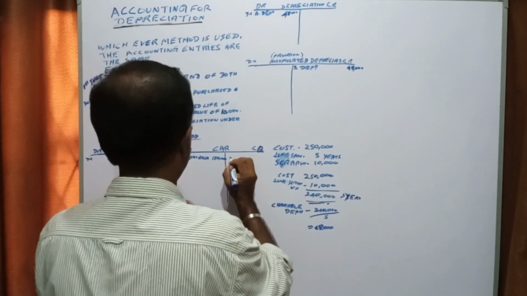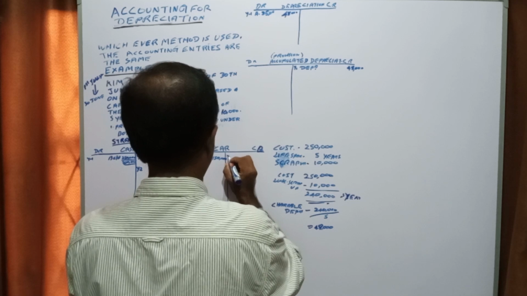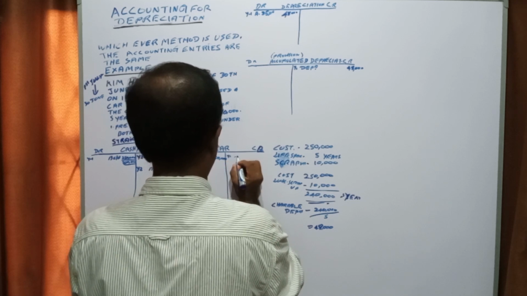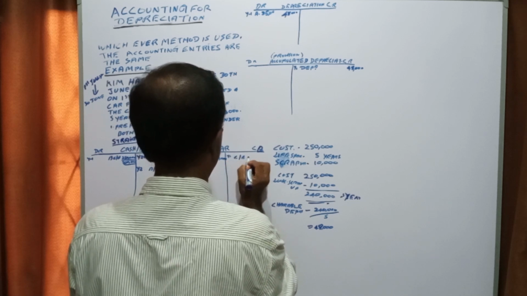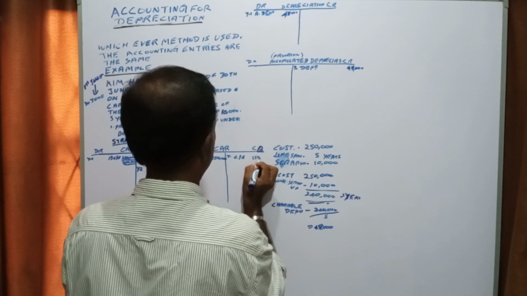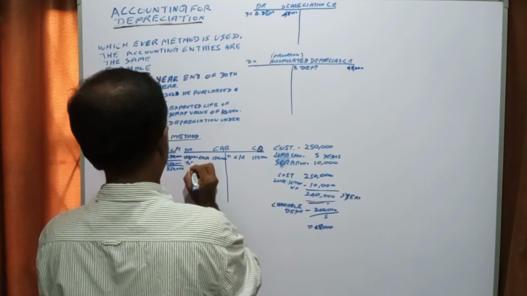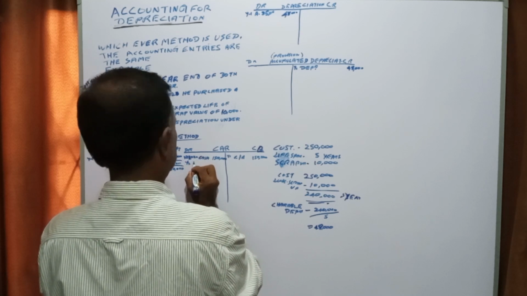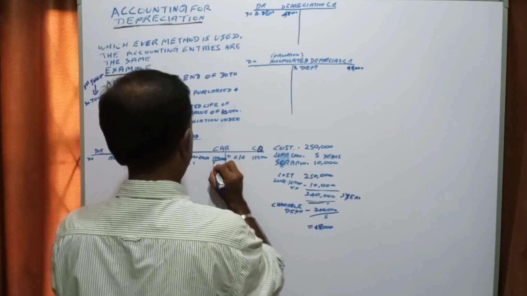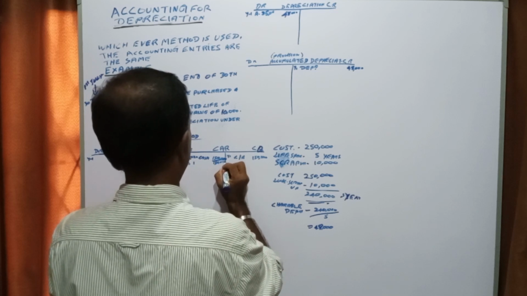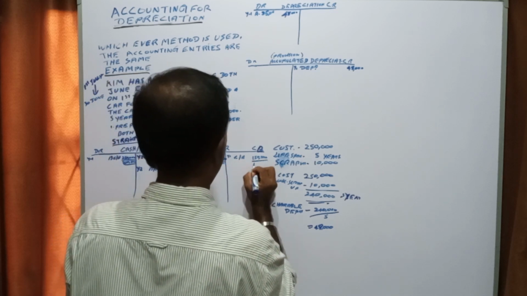Here year 1 balance carried down 150,000.